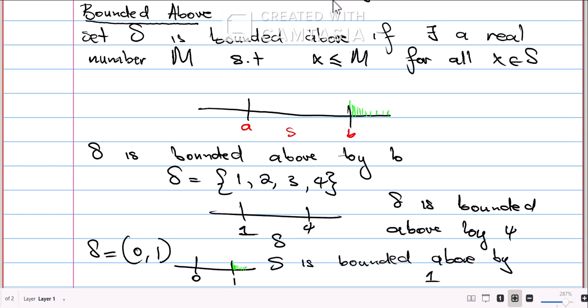Okay, this is the bounded above. We say the set is bounded when it is bounded below and is bounded above. Okay, at the same time, concurrently.